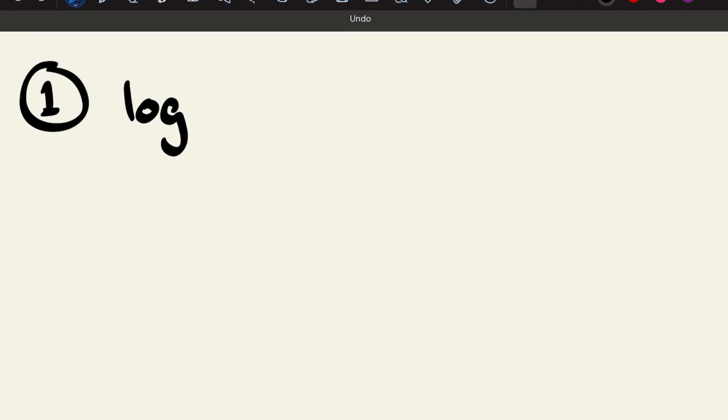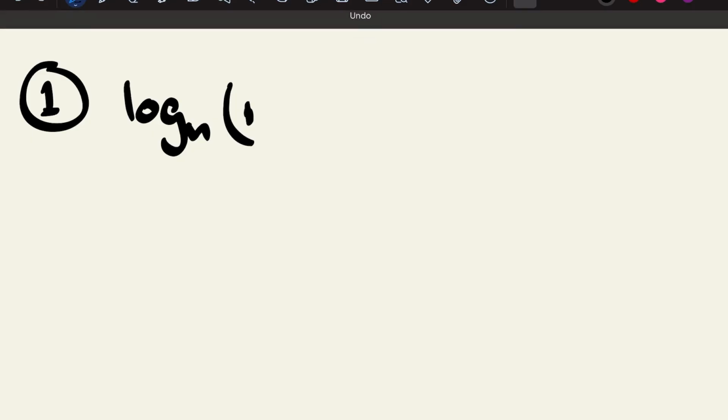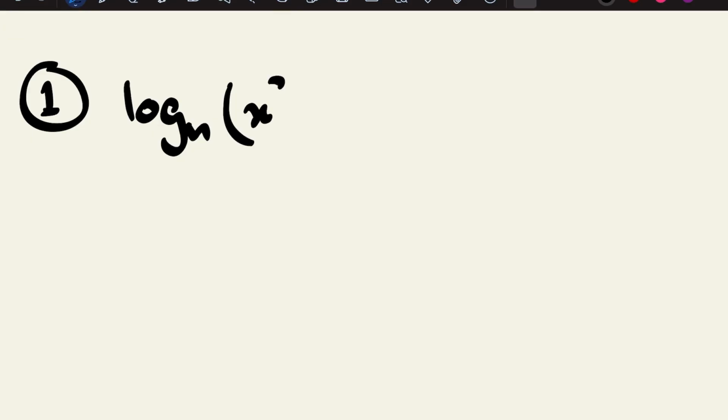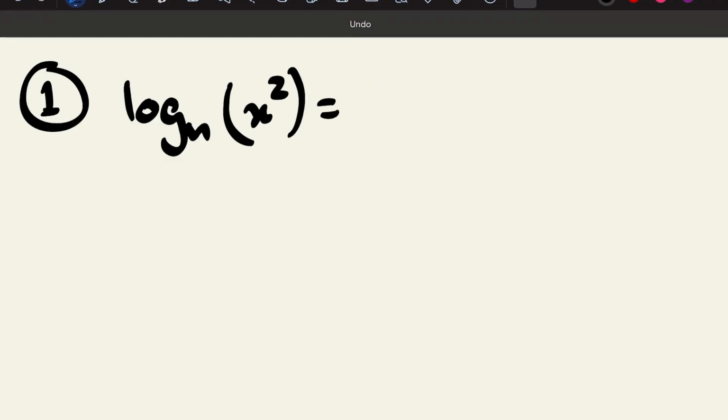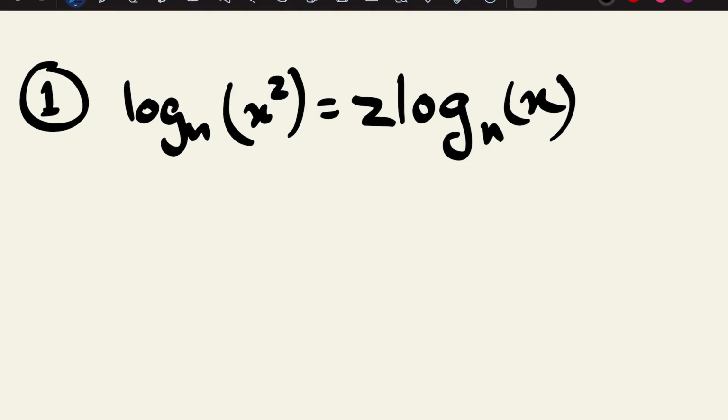Let's start with the first identity that we need for logs. If we've got something like log base 10, or actually any base, of x to the power of z, then this is equal to z, not capital Z, obviously lowercase z, times log base n of x.